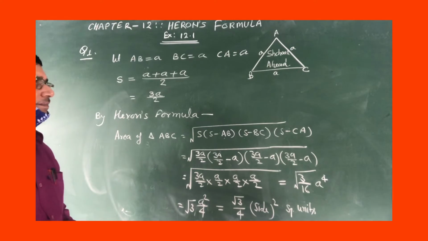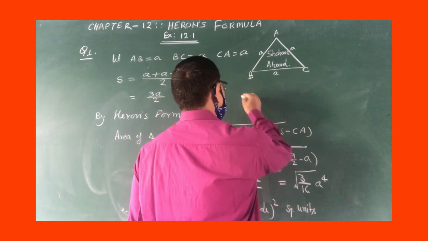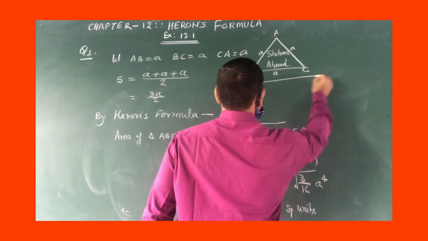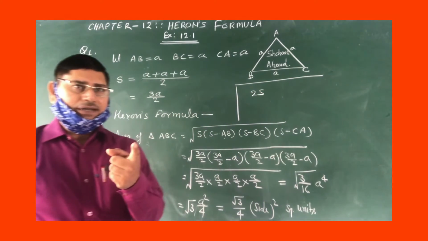But the question is not complete here. The question says that if the perimeter of the triangular board is 180 centimeter, then what is the area? What is the side? So the side is asked from you. So dear, you know very well that 2s is the perimeter.